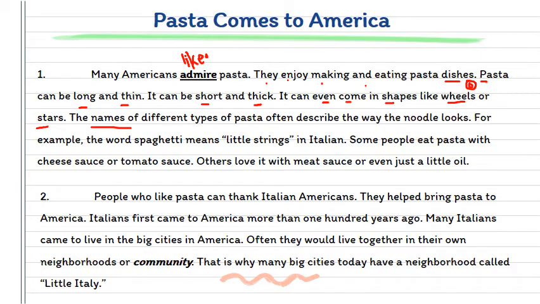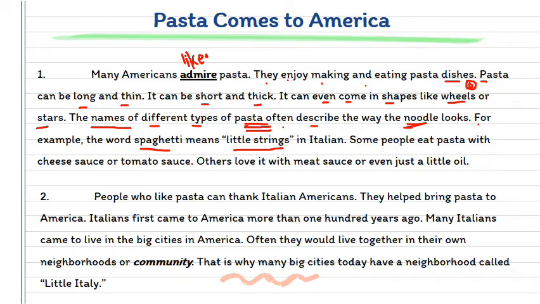The names of different types of pasta often describe the way the noodle looks, means the way the pasta looks, but they used another word for pasta. For example, the word spaghetti means little strings in Italian. The little strings, like hairy shape.